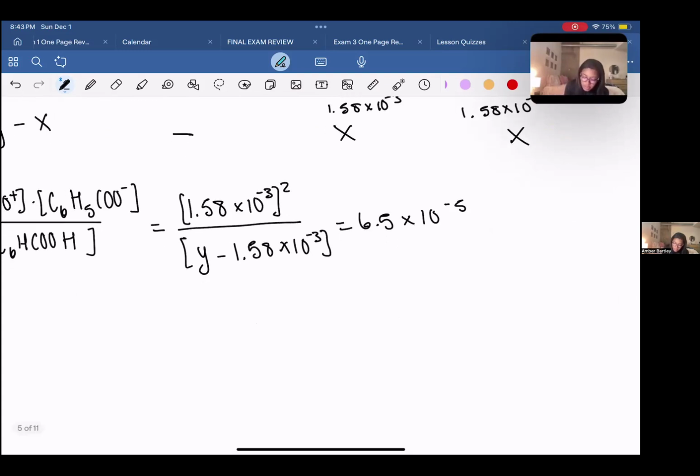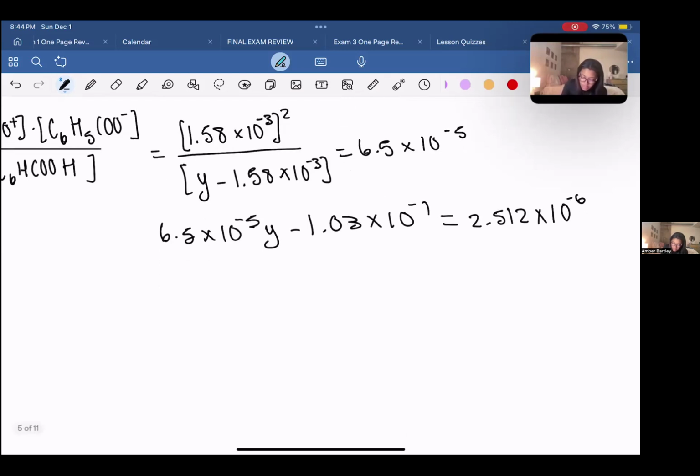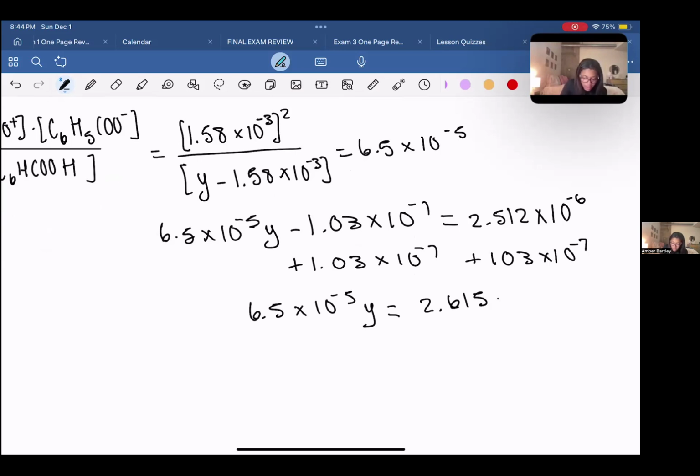Then we can cross multiply to solve for y. And if we square that x value, we get 2.51 times 10 to the negative 6. Then we can move this to the other side to isolate the y. When we add that, we get 2.615 times 10 to the negative 6.